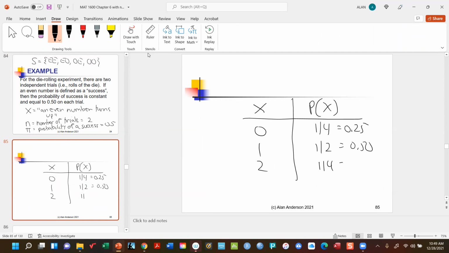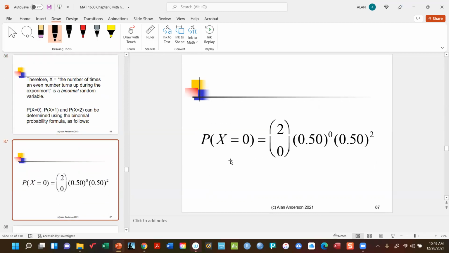And 2 had a probability of 1/4. But when we did it the first time, we were simply counting up how many ways we could get this particular number of evens. Now what we're going to do is recalculate these probabilities using the binomial distribution and confirm that they're equal to each other.